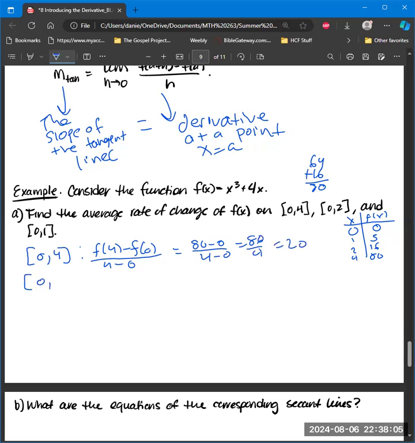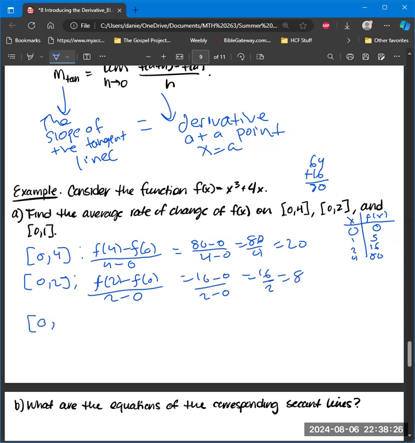On the interval from 0 to 2, we have f of 2 minus f of 0, 16 minus 0 over 2 minus 0. 16 over 2 is 8.